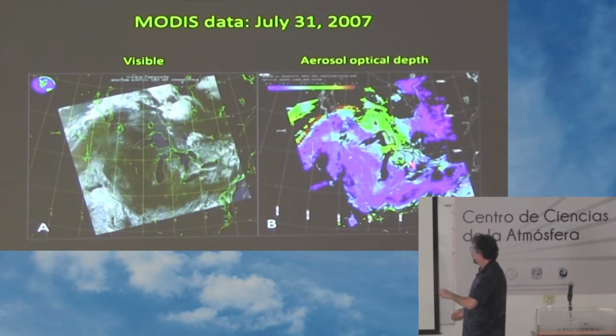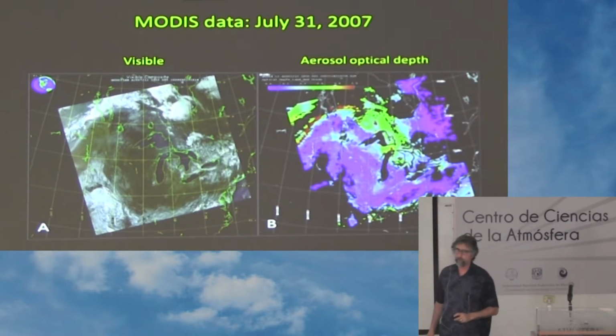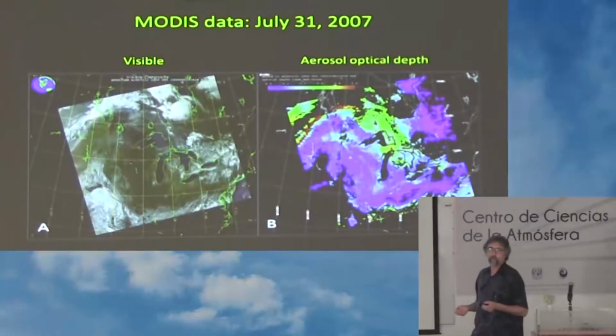So in this particular day, here's the Great Lakes, North America. The highest values are red. This area here corresponds to forest fires in Canada. And this is a visible satellite image, also available from MODIS.